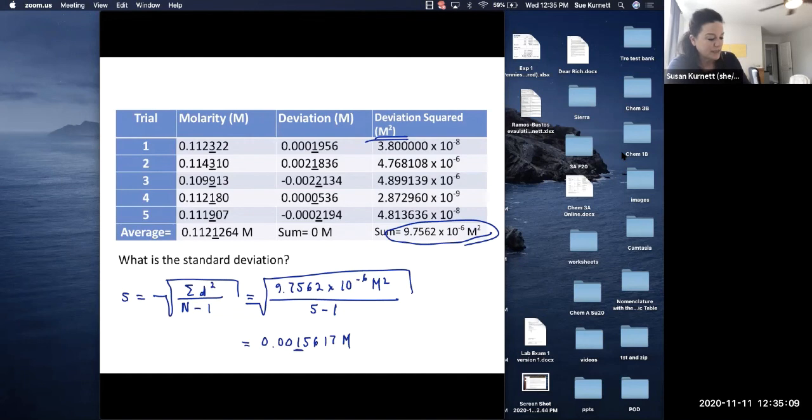It's a standard deviation, so I round to 1 sig fig. I'm either going to round up or round to even, but either way, that ends up being a 2. And it has the same units as the average.